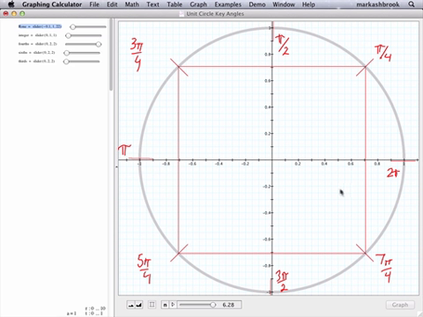A, B, C, or D? Cosine, you would look here. You want the x-coordinate of that point. And so what is it about? Just about 0.7, right? We're saying that's the cosine of pi over 4.